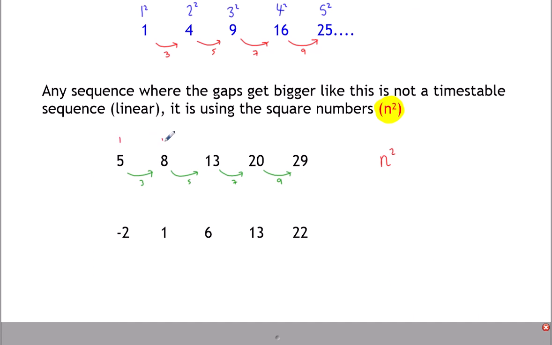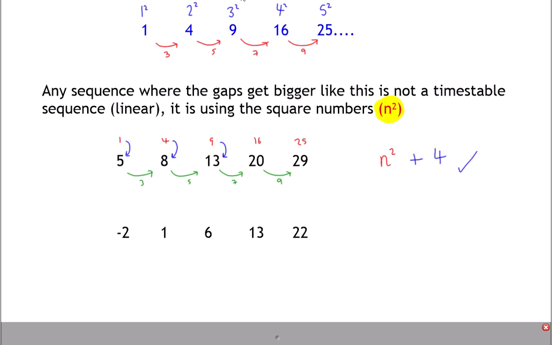So 1, 4, 9, 16, 25, and the next bit is the same. What do you do to 1 to get to 5? What do you do to 4 to get to 8? What do you do to 9 to get to 13? You add 4 every time. So n squared plus 4, that's finished.